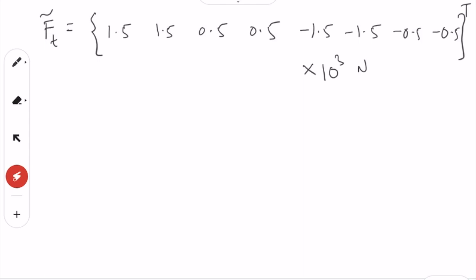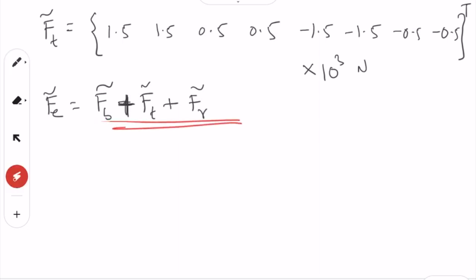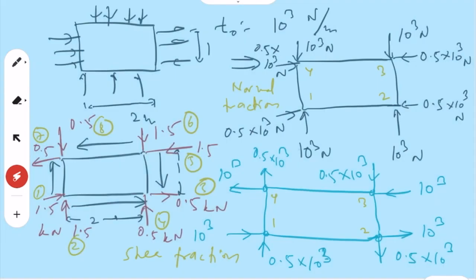Hence the total force vector Fe will be equal to Fb, which is 0, plus Ft, which is given here, plus Fr, and we will add all together to find Fe.